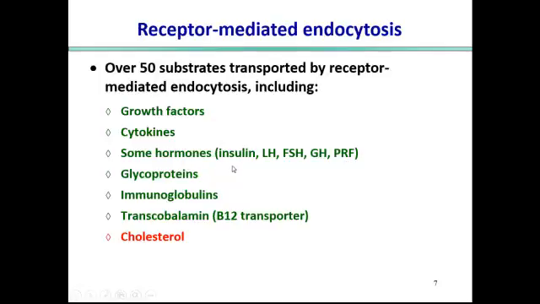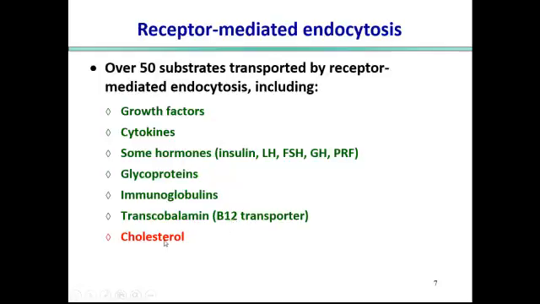These are examples of hormones transported into the cell by receptor-mediated endocytosis. And also glycoproteins, immunoglobulins, and transcobalamin, which is the vitamin B12 transporter.